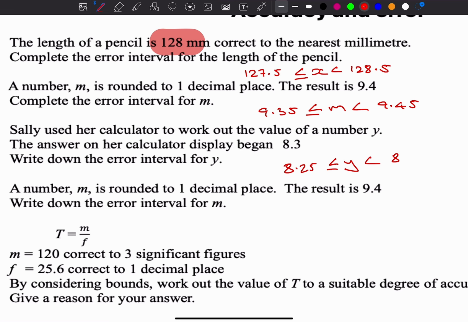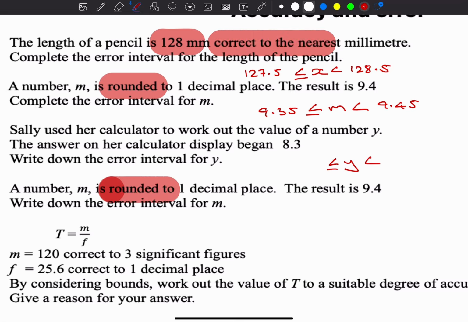Okay. See, they might get you on this all the time. Look, because it is not rounding, because they said rounded, correct to. This is also rounded. So these are kind of the same questions. But this question is a very weird one because it says the calculated digits. So the first number the calculator shows is 8.3.